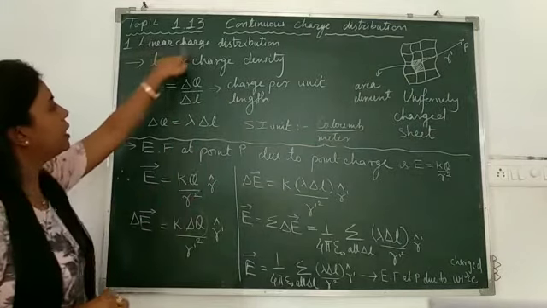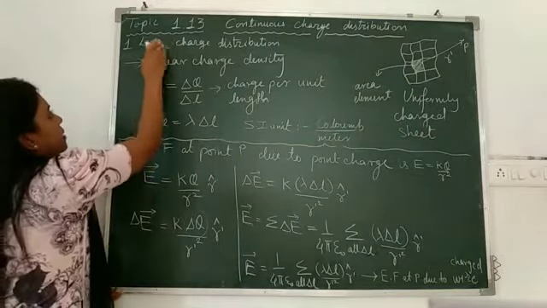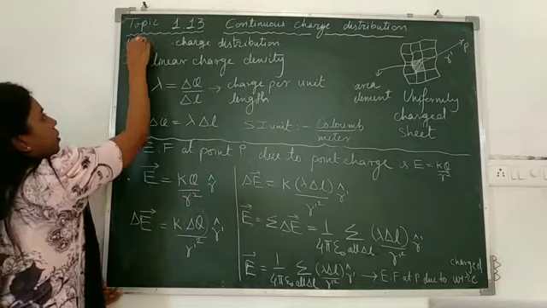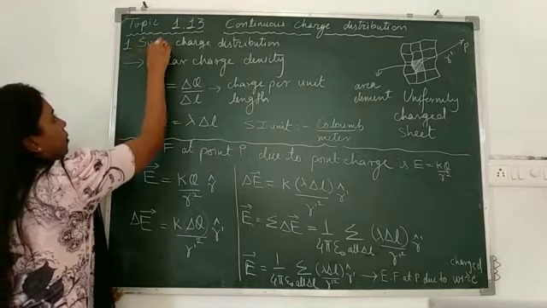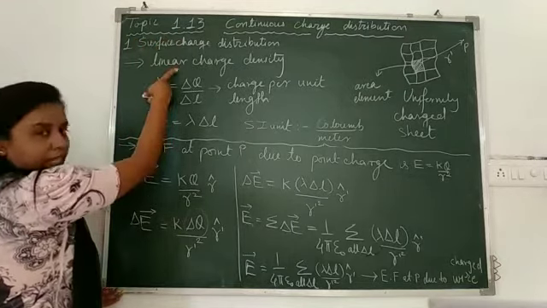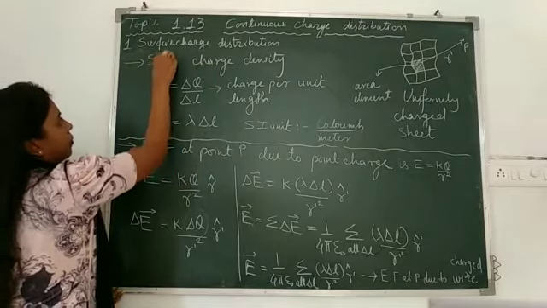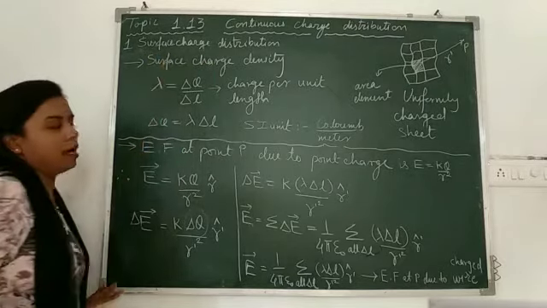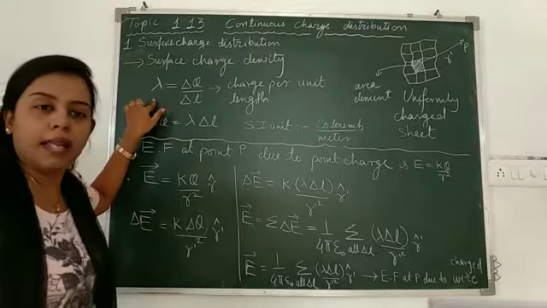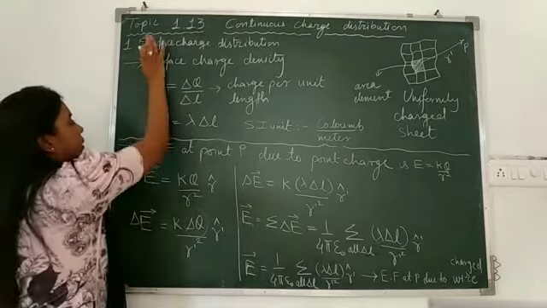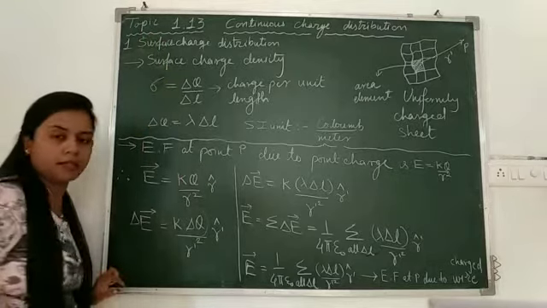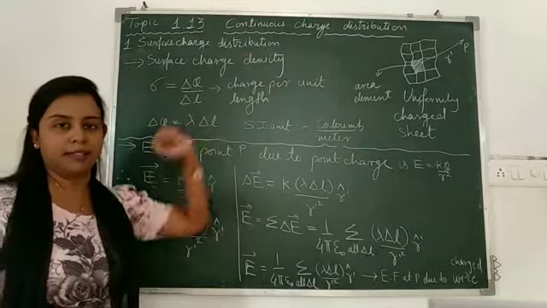Now instead of linear charge distribution, we will be writing surface charge distribution. Instead of linear charge density, I will be writing surface charge density. And instead of the symbol lambda, we will be writing sigma. This is the symbol for surface charge density.